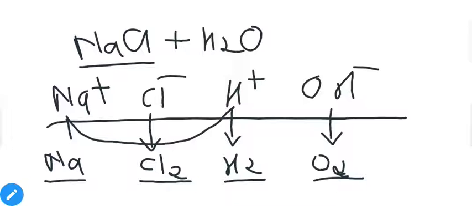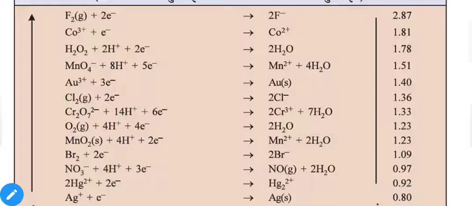Now in the previous unit, redox reactions, we discussed the last table, number 8.1, which gives us the data about standard electrode potential. These are the reactions, and on the far right-hand side we have reduction potentials, also known as cell potentials.